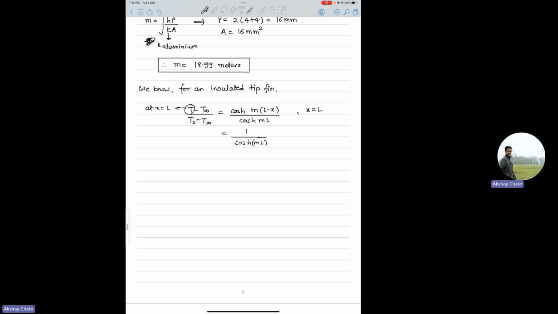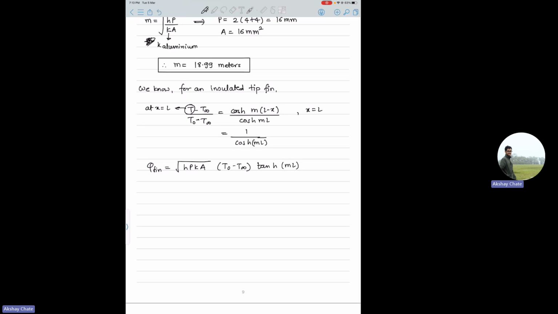And we knew the formula for heat transfer from the insulated tip fin, which is nothing but square root of hPkA into theta 0 minus theta infinity, the base temperature difference, into tanh(mL).